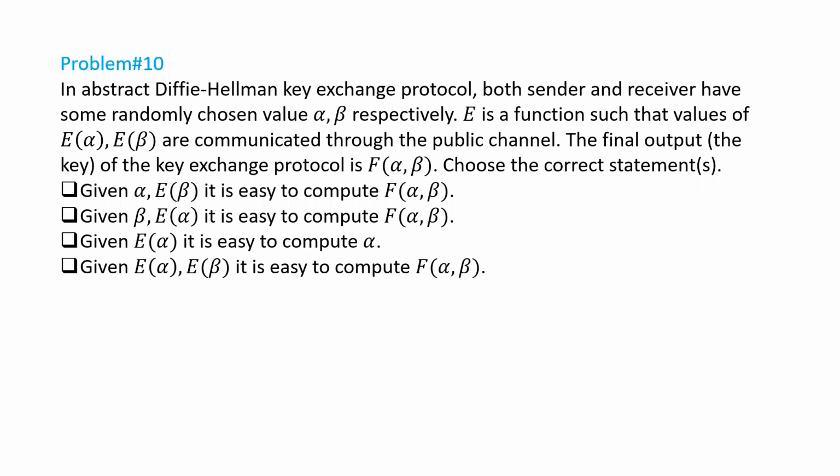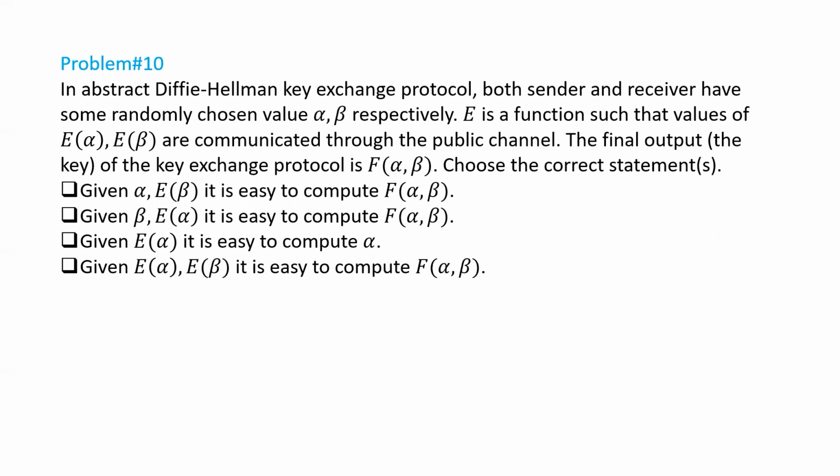In abstract Diffie-Hellman key exchange protocol, both sender and receiver have some randomly chosen values alpha and beta respectively. E is a function such that the values E of alpha and E of beta are communicated through the public channel. The final output, that is the key of the key exchange protocol, is f of alpha comma beta.